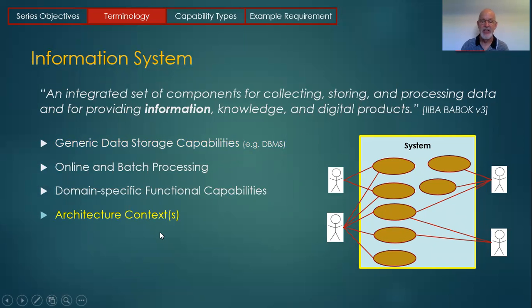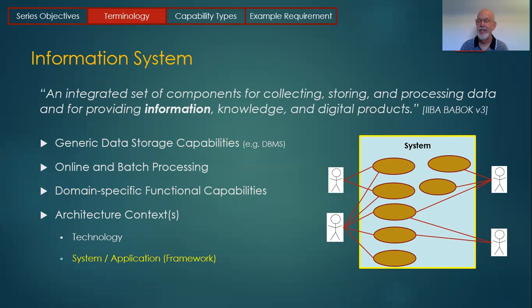And then there are potentially architectural contexts for an information system. So for example, we can have an architect in an organization who says all of our systems will use this particular technology. It will all be Windows-based, or it will all be Unix-based, or whatever. If your organization has technical architects, that will be part of what your information system can operate within. We have the concept of an application architecture.